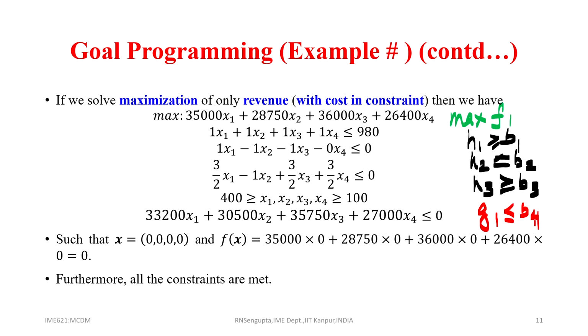This b4, which I will circle with violet color, is not the exact value, it would be a relationship with the single objective function which we have solved.